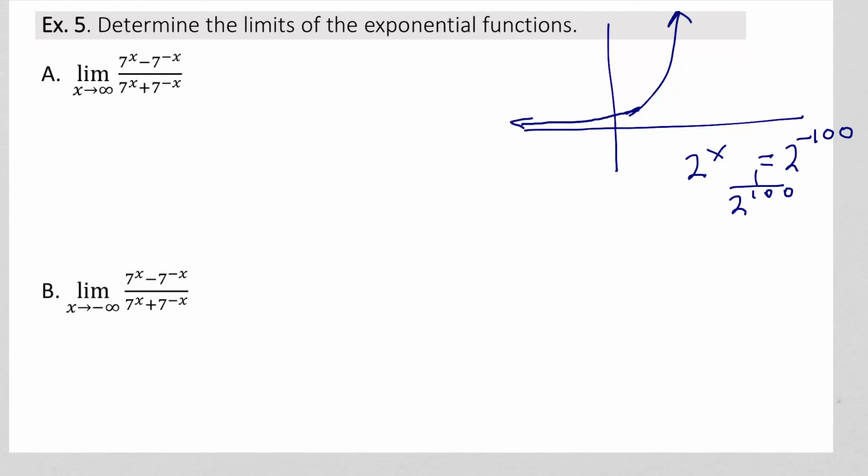All right, so if I look at this function here in a, what I'm going to do is rewrite it by putting anything with a negative exponent down in the bottom.